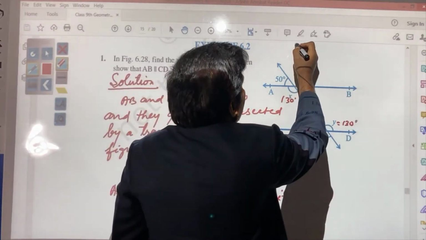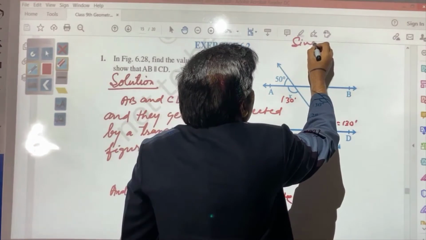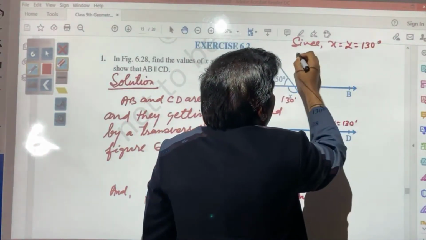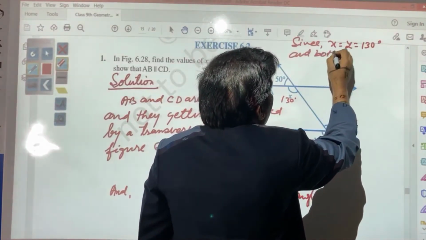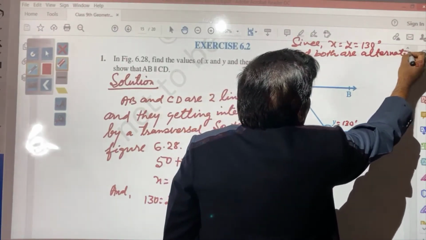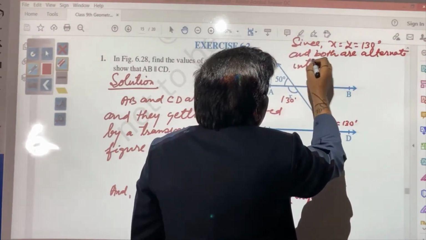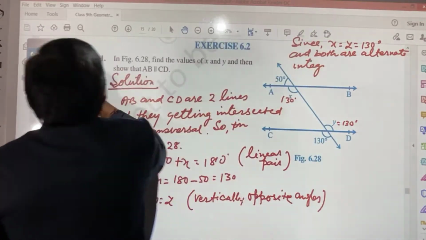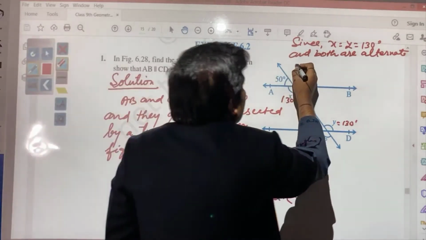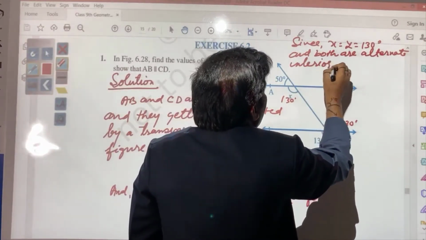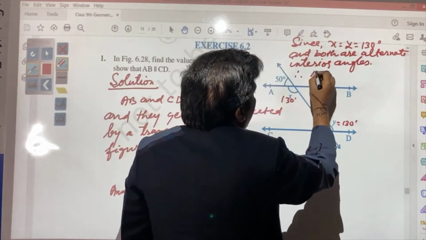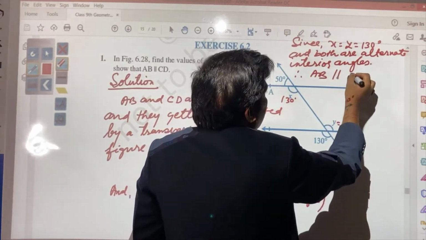Here you write, since x is equal to y and that is equal to 130 degrees, and both are alternate interior angles, therefore AB will be parallel to CD.